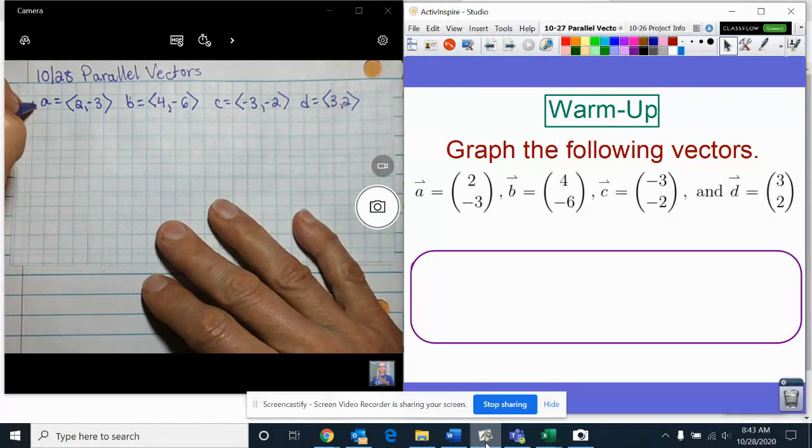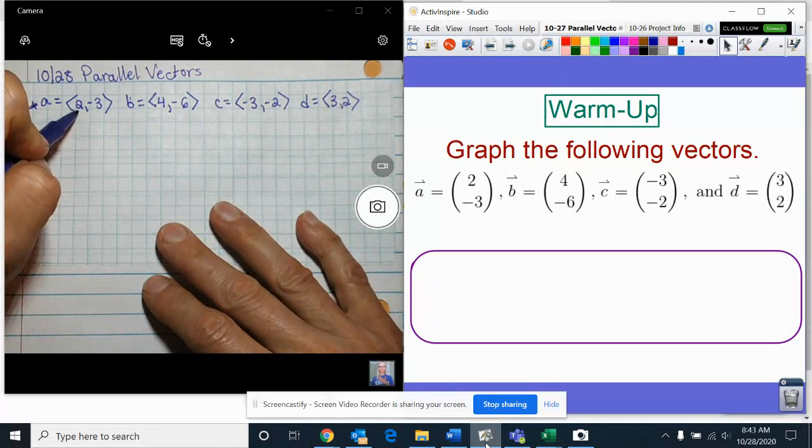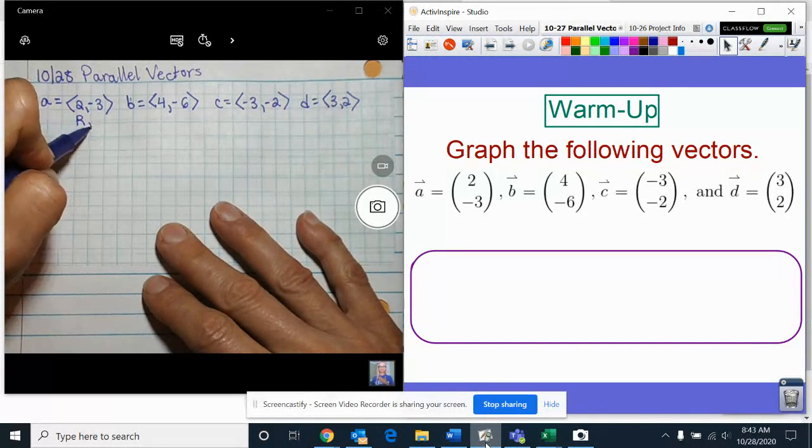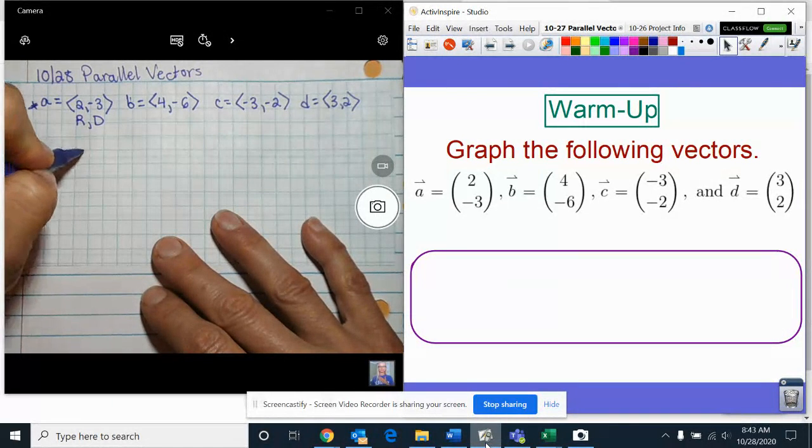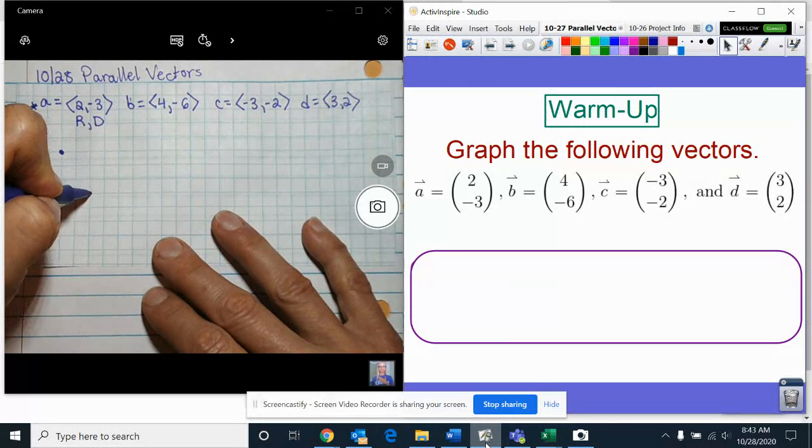I'm going to start with A. This is right 2 and down 3. So when I start here, I go right 2, down 3.